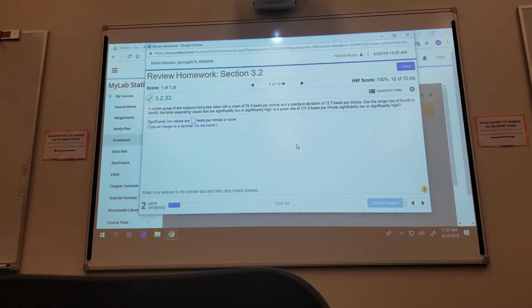In other words, how do we find the usual value? Mean take away 2 times standard deviation? Yeah. Minimum. Good job, right? Paying attention.